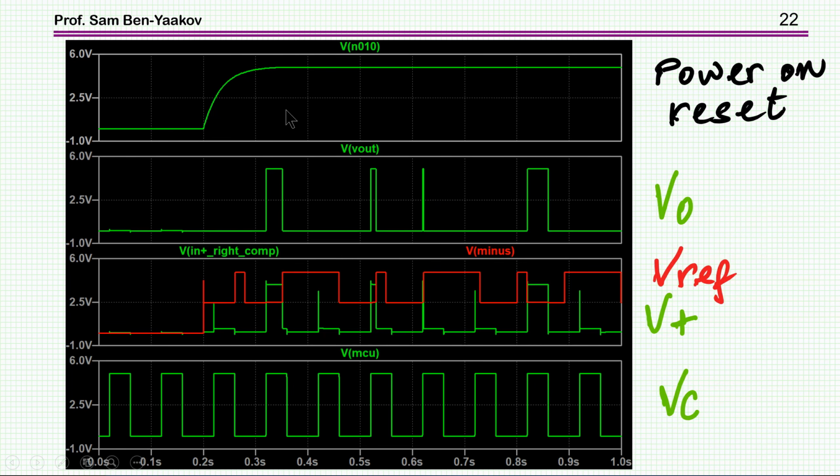Now, this is the power on reset signal. This is the voltage across the capacitor. These are the command signals, turning the switch on and off. And here we see the output of the fault signal coming out of the comparator. Whenever it's high, it means that there is a fault, that is either the current is too high or the voltage across the switch is too high.